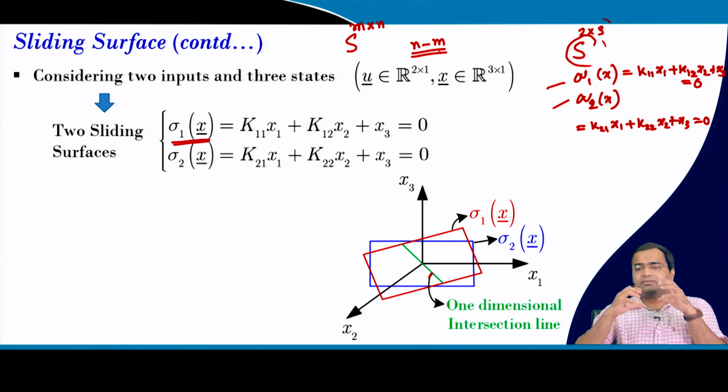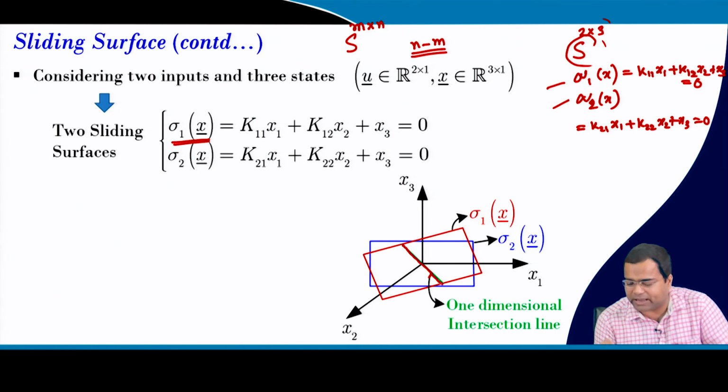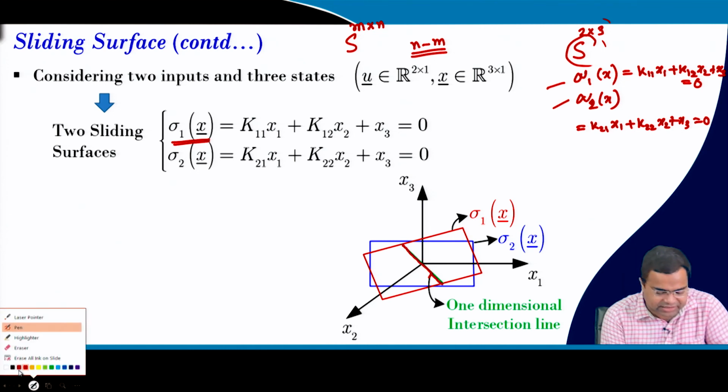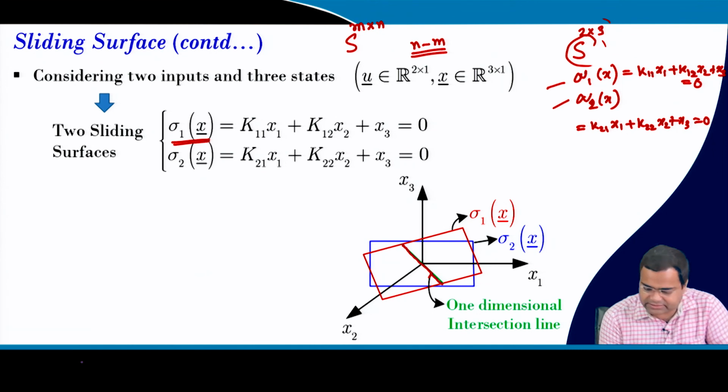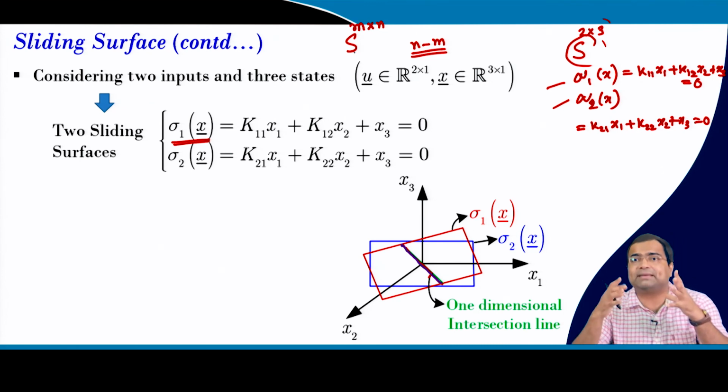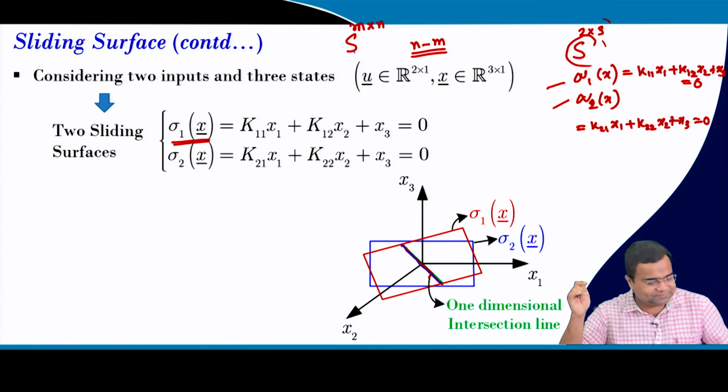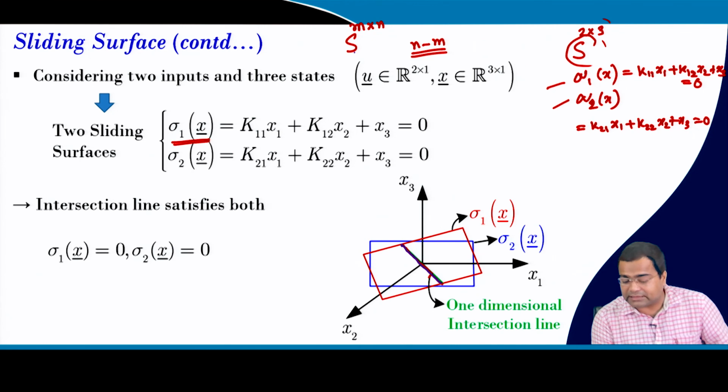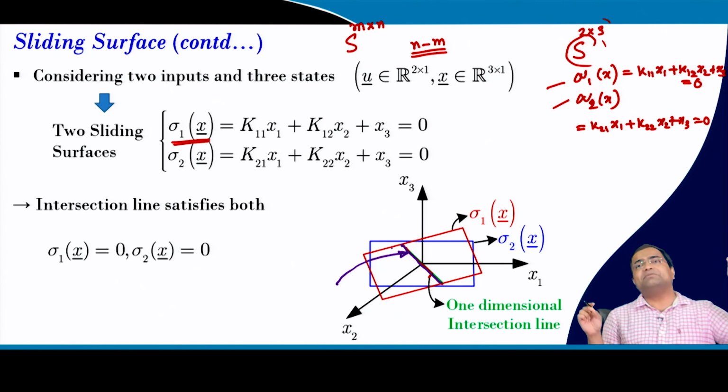In the case of third order and two control inputs, n minus m is 3 minus 2, which is 1, and that is nothing but the intersection of the two planes, which is just a straight line passing through the origin. So the hyperplane will be one dimensional, just a line, 1D. That means we want to restrict the motion along this line, so that it will become one dimensional motion even though the system is a third order system.